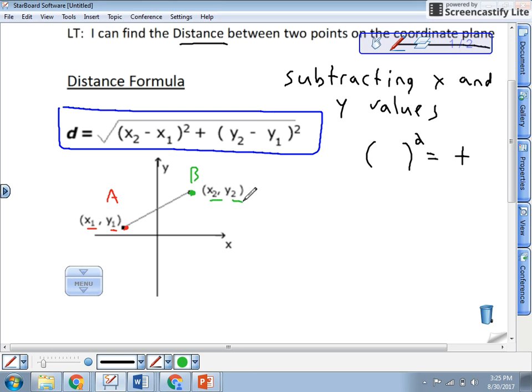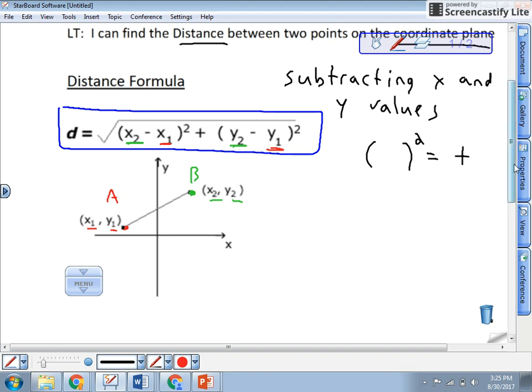So you can see in the formula, I take my x2, which is green, and you subtract from it the x1 value. And then I do the same with the y's. I take my y2 value, and I subtract my y1 value, and that's how I get my solution.